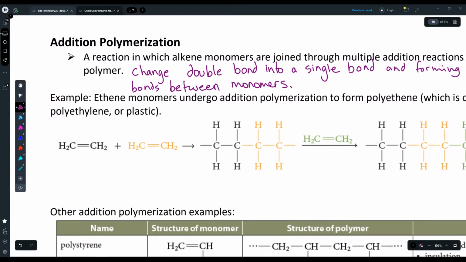So that's what's happening in this example with the formation of polyethylene.